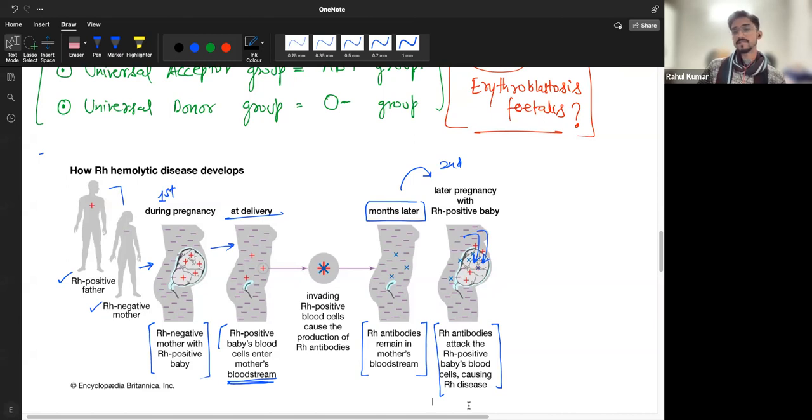But in some conditions, if the mother's blood has a lot of anti-Rh antibody, it can even kill the fetus and cause miscarriage of the pregnancy. That condition is known as erythroblastosis fetalis, because the erythrocytes are affected in the baby. Is this clear to you?